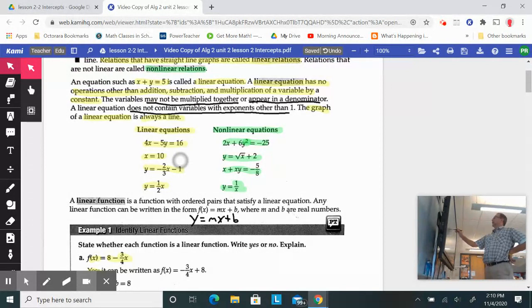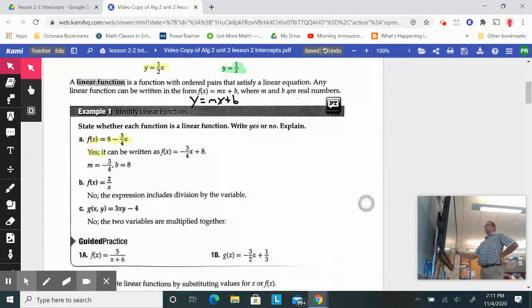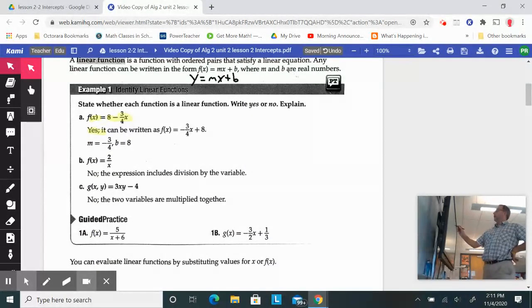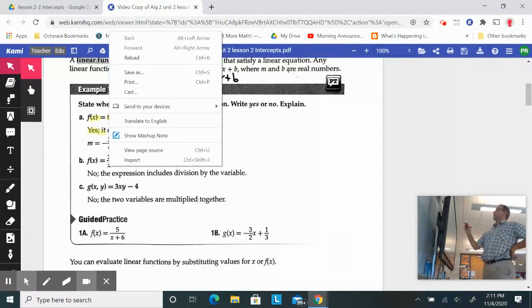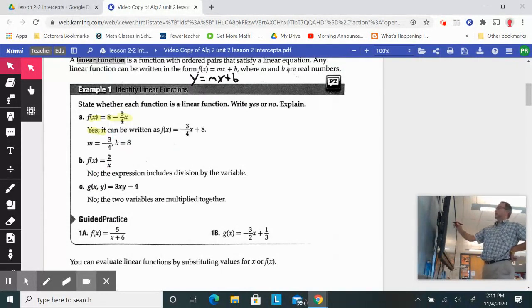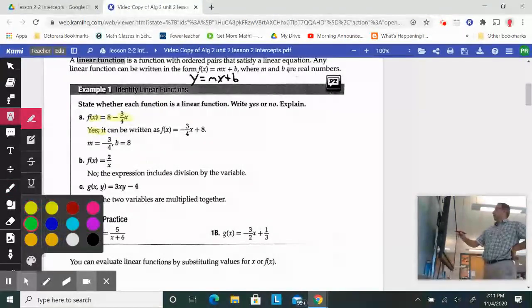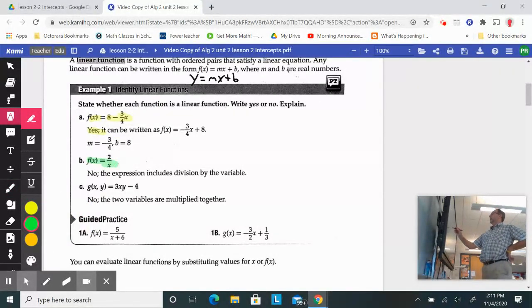It fits the idea of linear equation. It doesn't have one of these exceptions that would be nonlinear equation. Go to B. Notice B would not be because it has a variable in the denominator. So I'm going to use the green. So this is not going to be a linear.